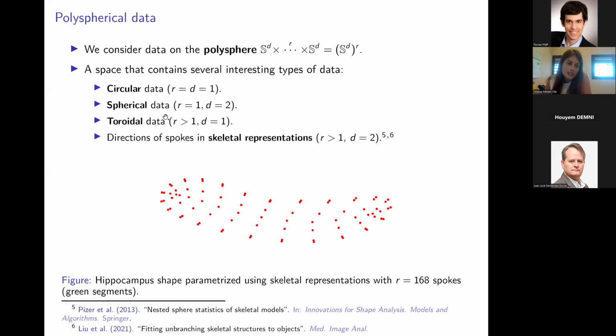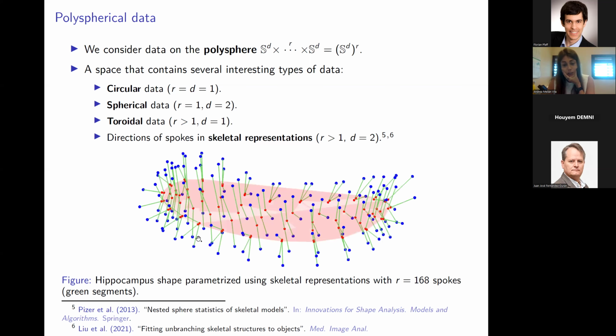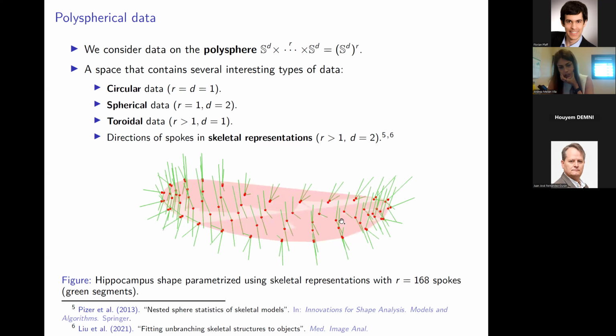But apart from this common data that all of you know, we also have polyspherical data in the case of the direction of the spokes in a skeletal representation. This is the case of the directions that we have in the hippocampus and the shape of the hippocampus. The shape of these three-dimensional objects can be parameterized using these skeletal models. As you can see here, skeletal models contain a skeleton which is located in the center of the object, that is these red points.